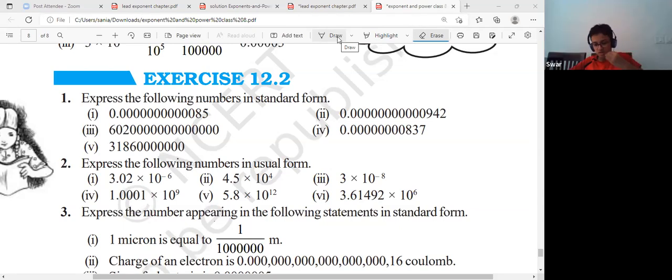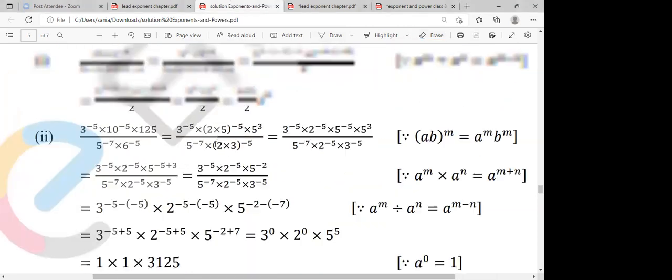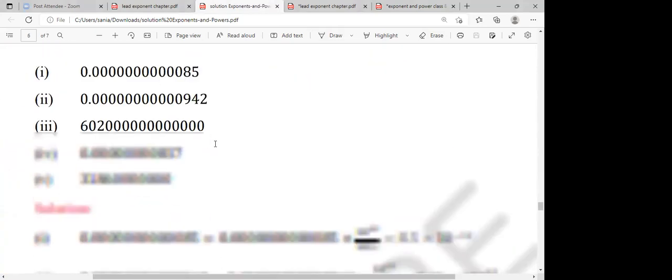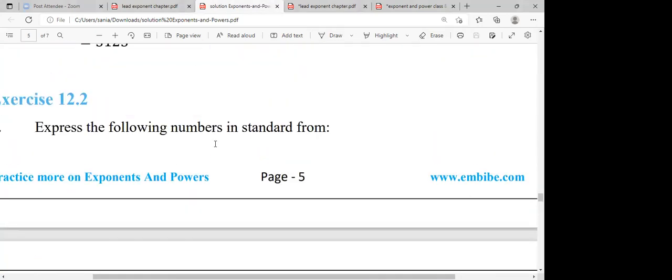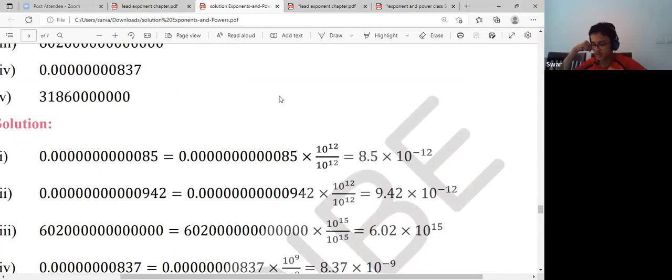Yes, ma'am, I've done all the sums. So let's just check the answers. The first one, what you got? Yes, ma'am, it's the correct answer. Okay. Second, 8.5.